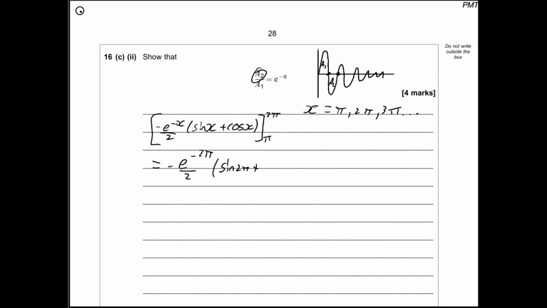Sin 2 pi plus cos 2 pi minus, let's put another bit of brackets around them. Oh, e, that's not right. E to the minus 2, oh not 2. Oh my, how many mistakes am I going to do? Over 2 sin pi plus cos pi.